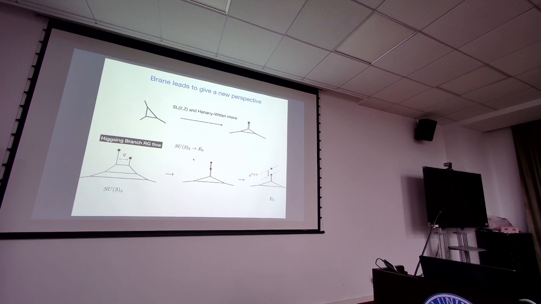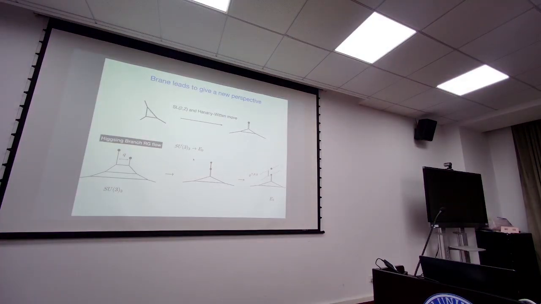So probably there's some other example that might be easier. I mean, this case is particularly difficult to visualize, so let me use some other example. So this is still SU3 theory with one of the flavors attached.